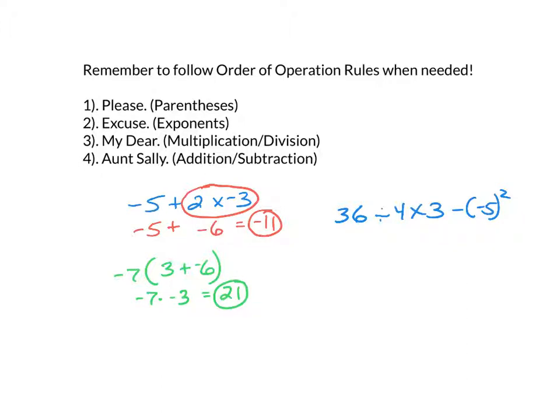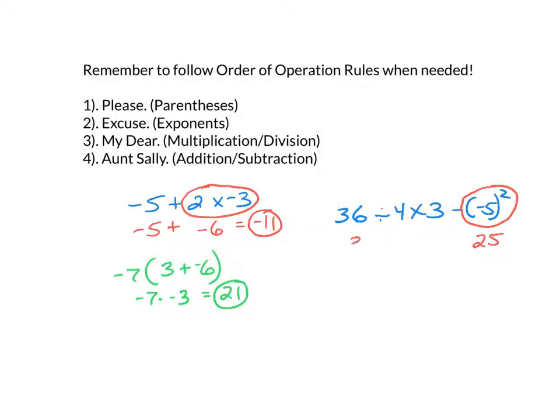They're just telling you that I want the negative 5 squared. So that's really an exponent. So the very first thing I'm going to do is solve that. Negative 5 squared means negative 5 times negative 5. So that's giving me 25.